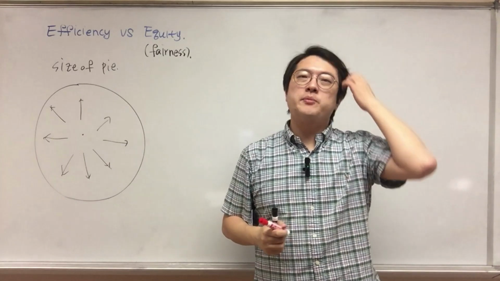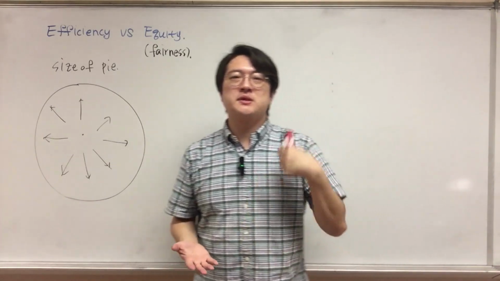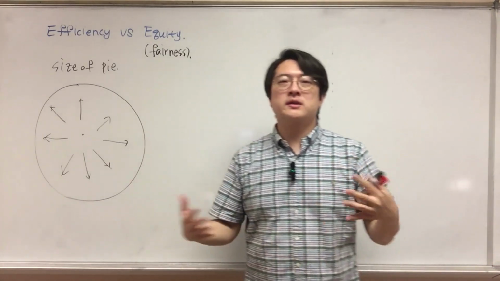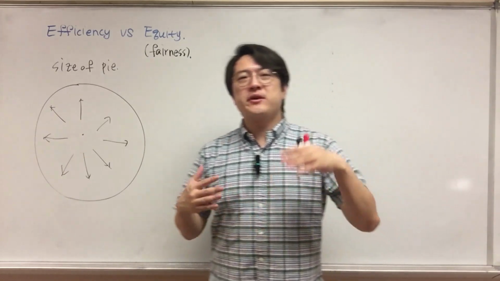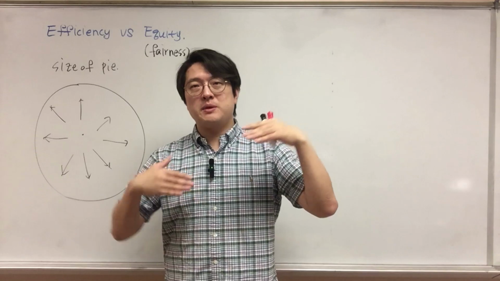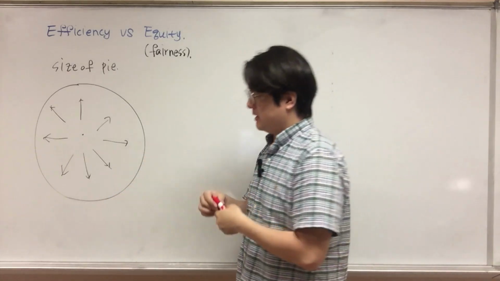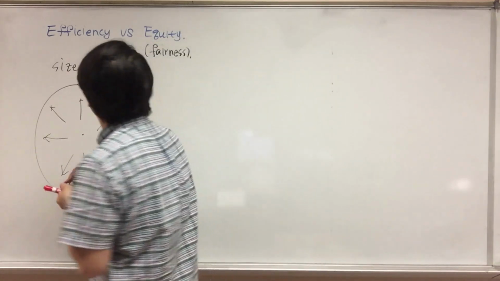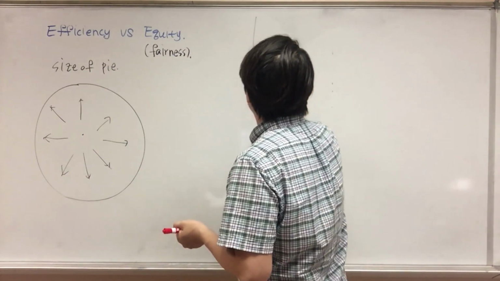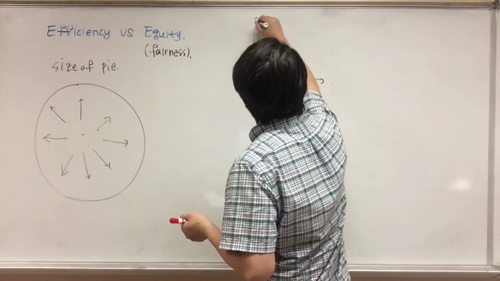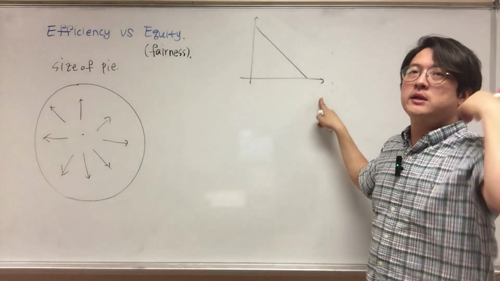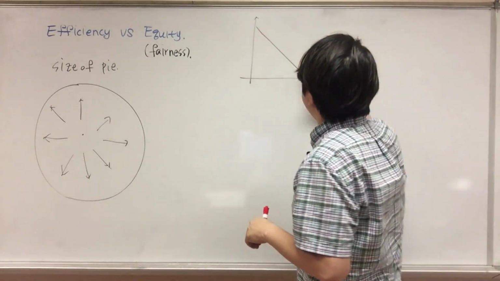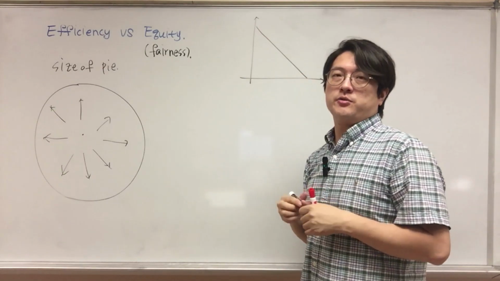Because efficiency refers to the use of all the resources we have in the world. If we think about the PPF curve, it shows the relationship between two products, right? This one is all about the opportunity cost you have.